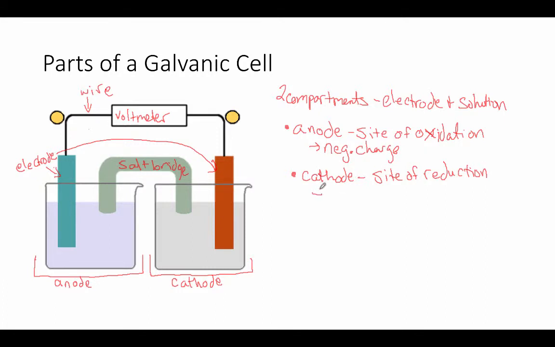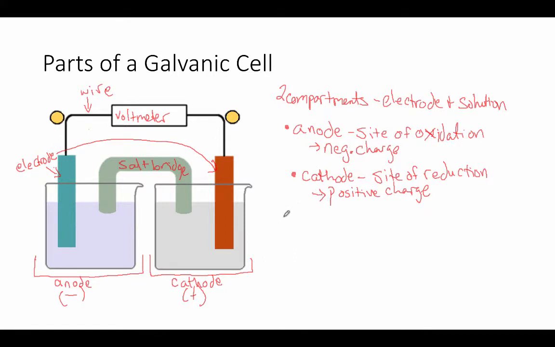And because reduction is the gain of electrons, it has a positive charge. So we'll write the negative charge down here, and we'll write a positive charge down here to remind us that the anode is negative and the cathode is positive.